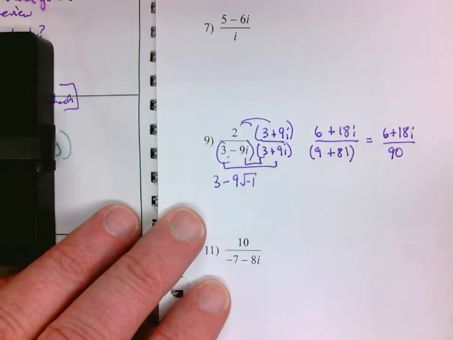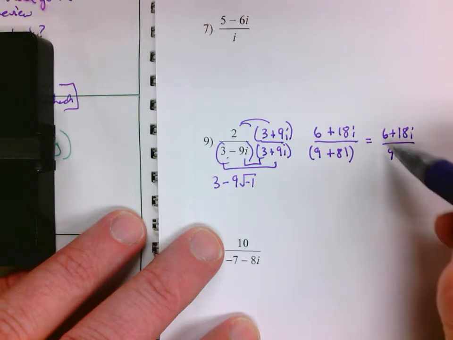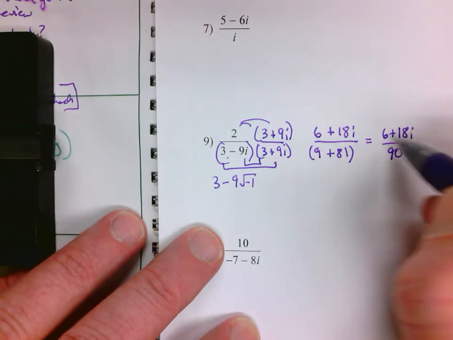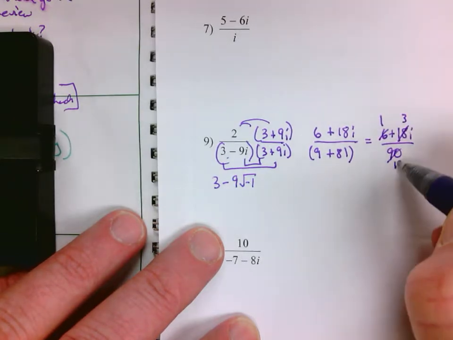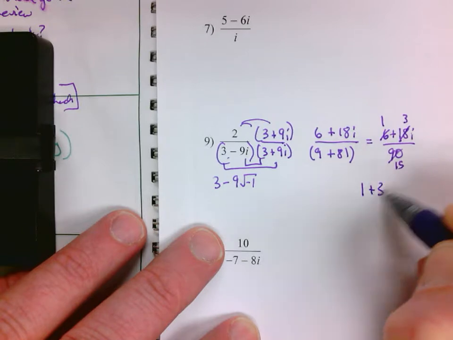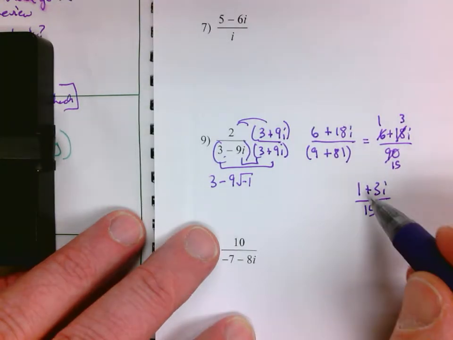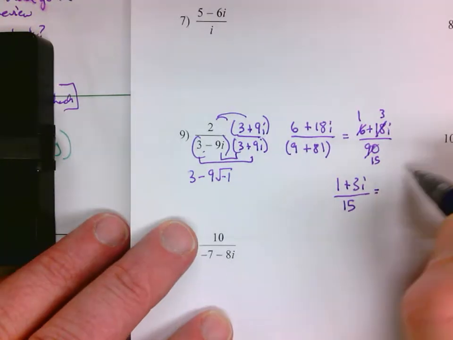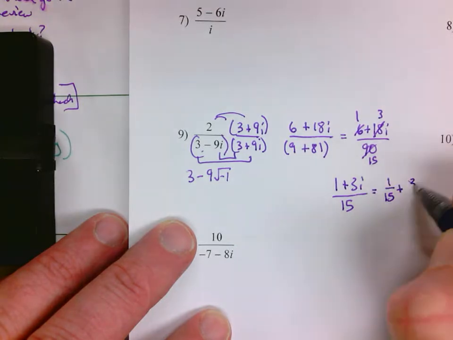You can divide the same thing out of all three, then you can reduce it. So I could take a 6 out of each of these. 6 there is 1, 6 here is 3, 6 here is 15. So 1 plus 3i over 15. Sometimes people write that. If it says put it in the form of a plus bi, it would be 1/15 plus 3/15 i, which would be 1/5 i.